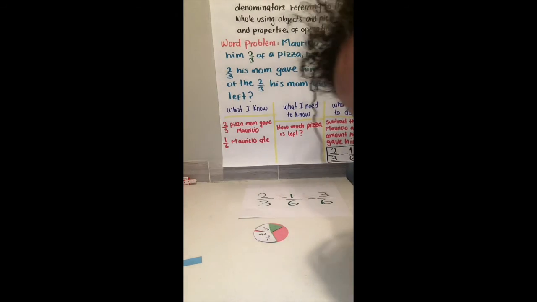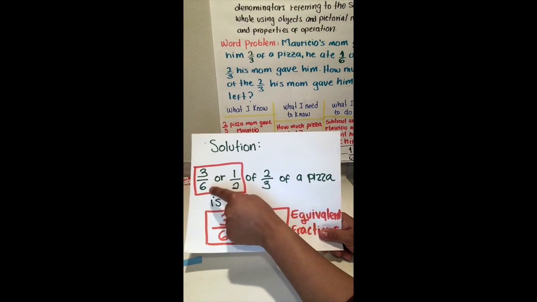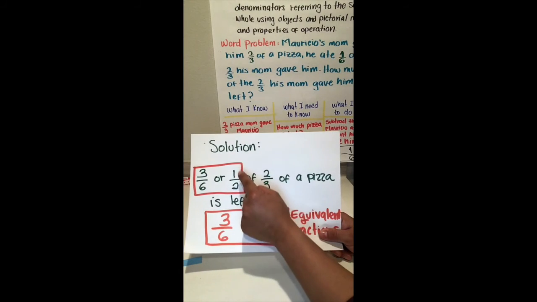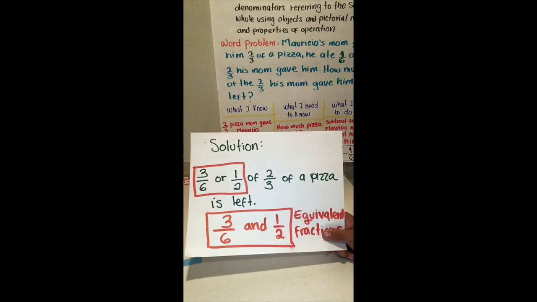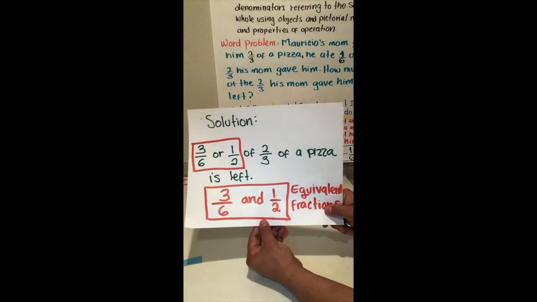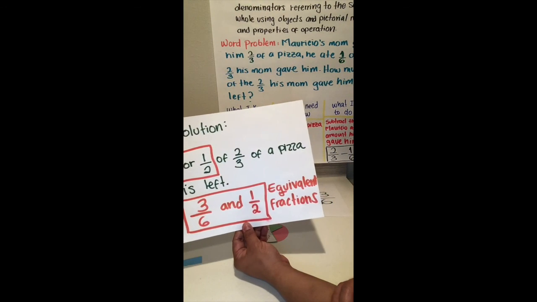And that is my answer. So there's 3/6 or 1/2 of 2/3 of a pizza left. This is my solution. And here I'm telling you that 3/6 is equivalent to 1/2. Okay?